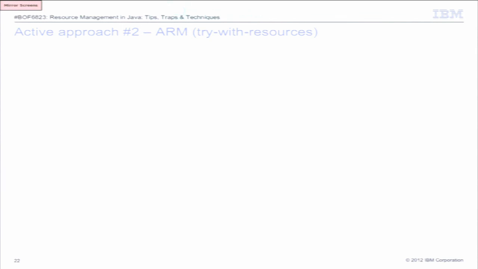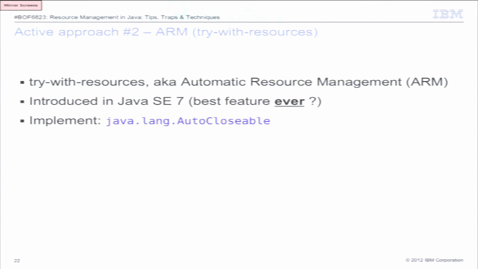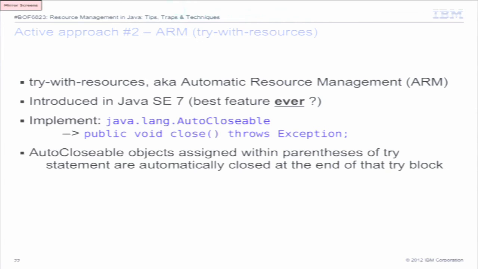The second approach is using a thing called automatic resource management, or try with resources. This came in Java 7, and it's possibly the best language feature ever in my humble estimation. You implement it by having your resource implement AutoCloseable, which has one method which needs to be implemented, which coincidentally is also called close and throws Exception, as we had before.